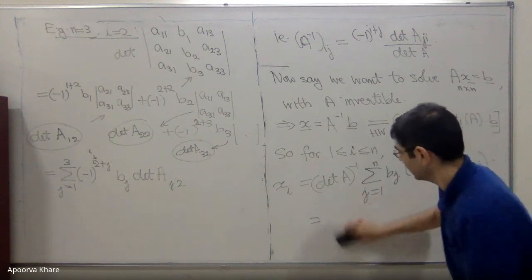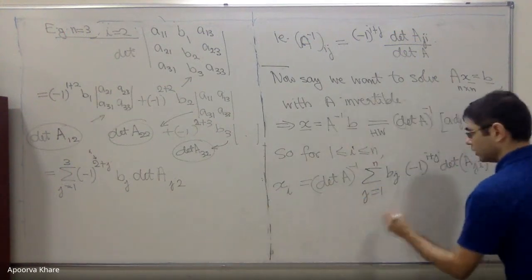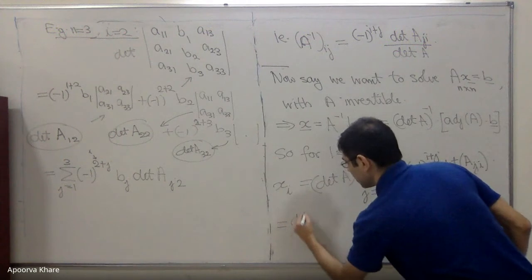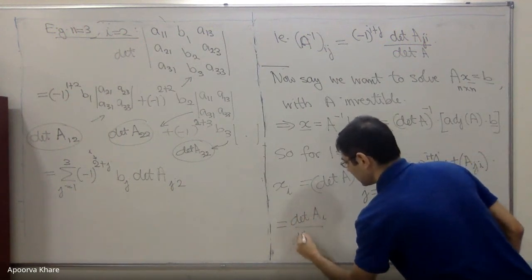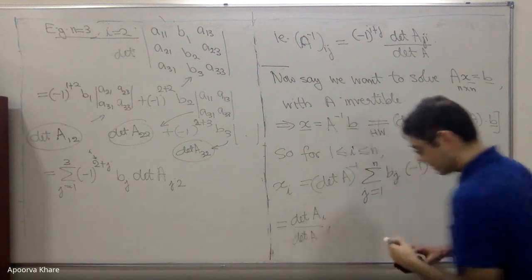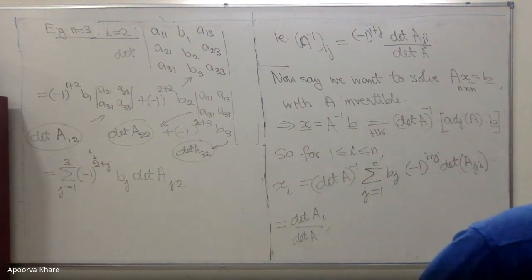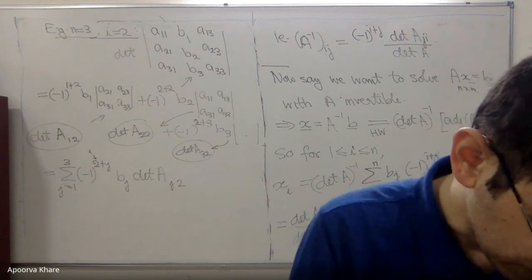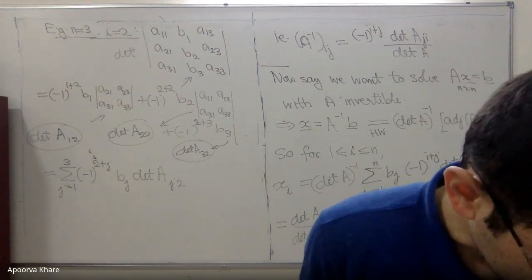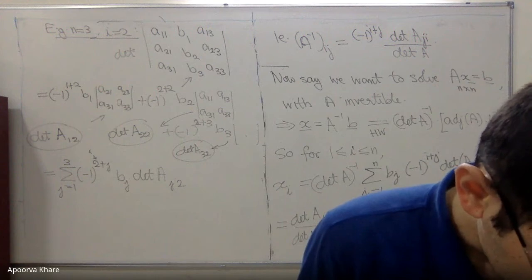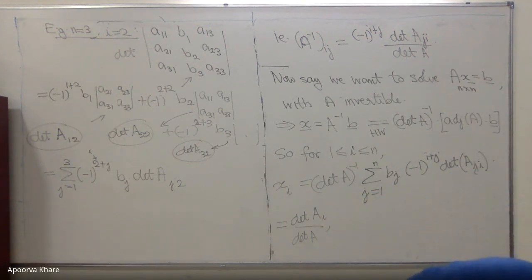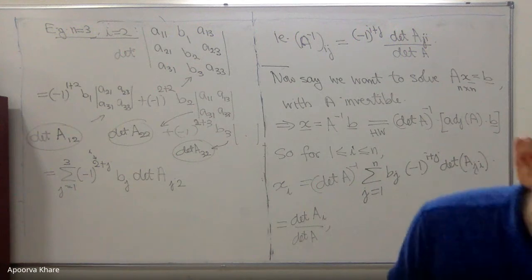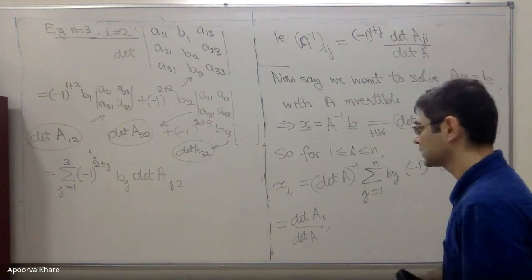And this is det A_i by det A, where, and now I'll write this down. And that is the mistake I seem to have made here. Yes, that was the biggest mistake. I wrote down A_j by A, and that's why I kept confusing myself.